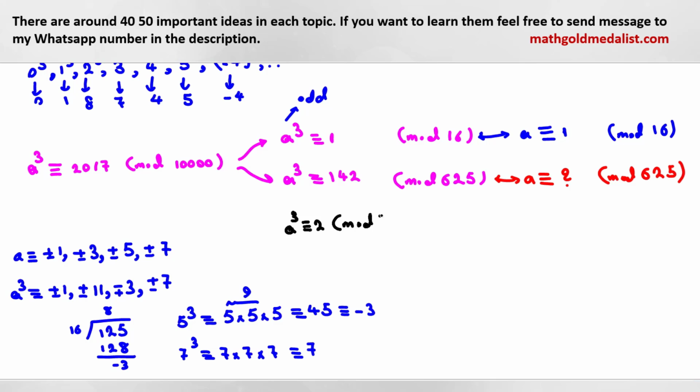No, no, no. Yeah, 8. So A mod 5 can be 0, plus minus 1, plus minus 2, right? So A cubed will be what? 0, plus minus 1, plus minus 8, right? Yeah.